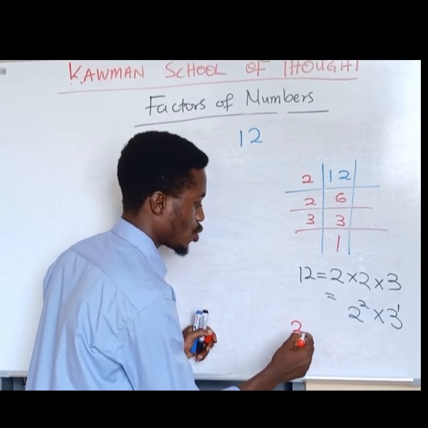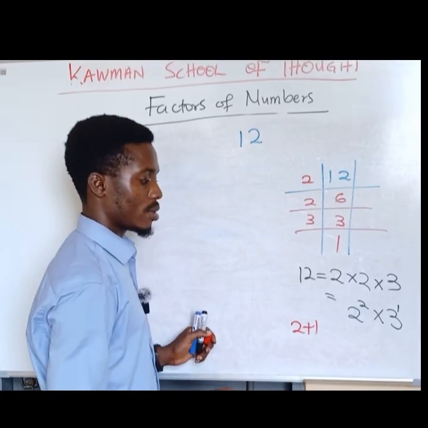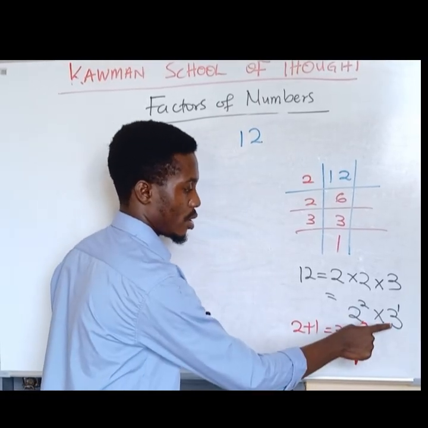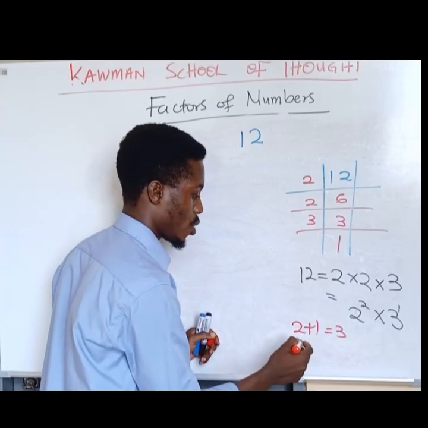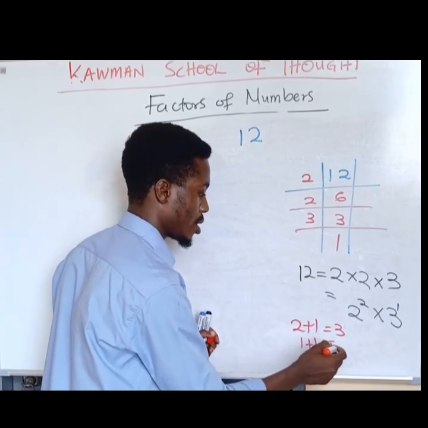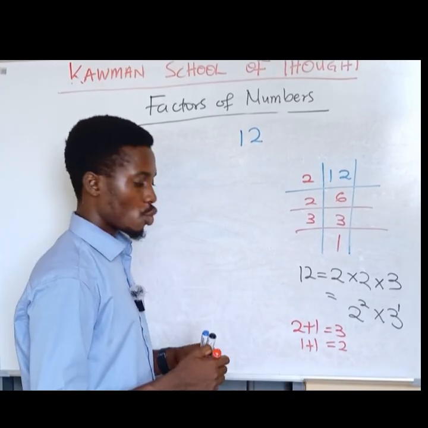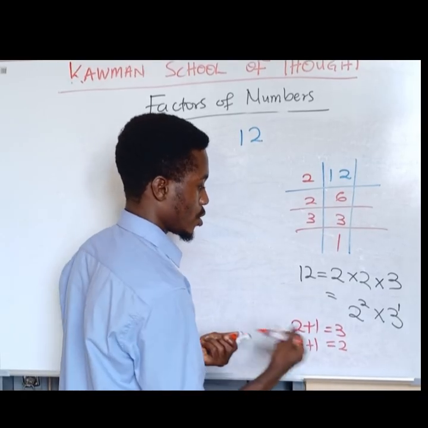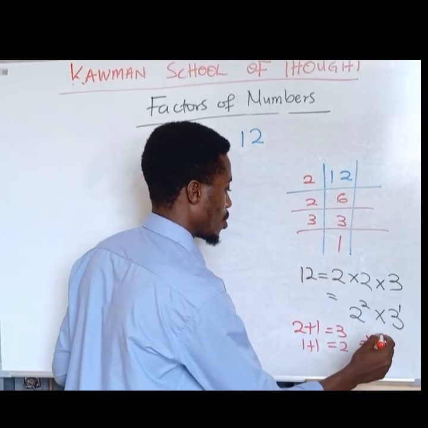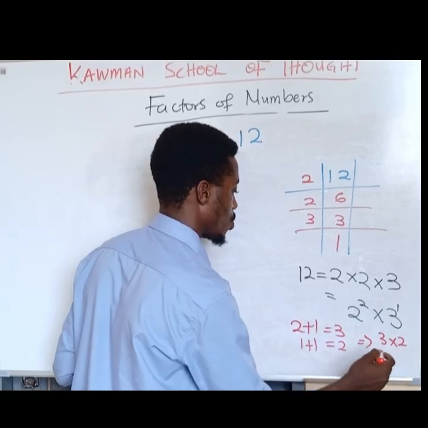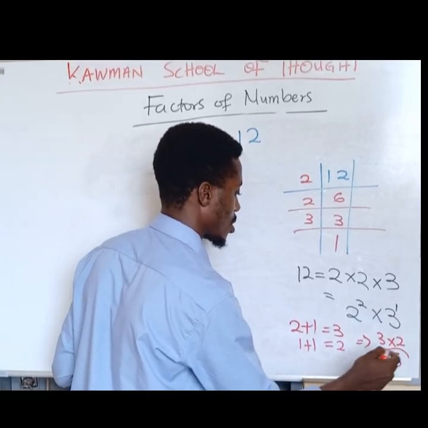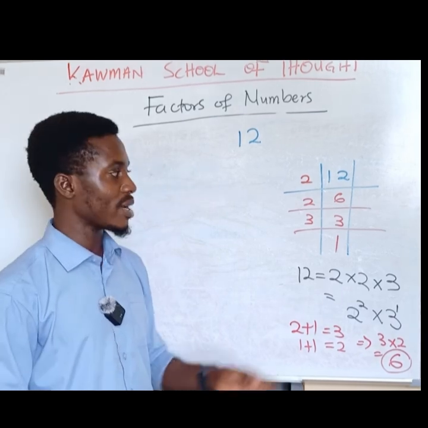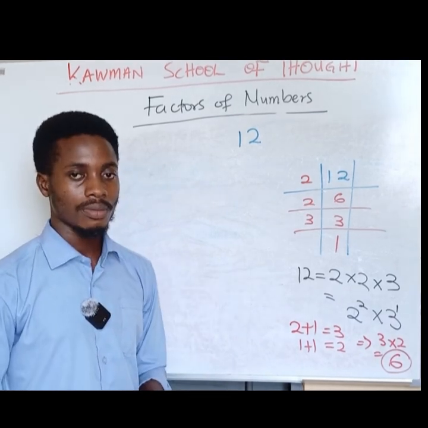So 2 plus 1 gives you 3. This 3 here, what power does it have? 1. So 1 plus 1 equals 2. When you finish, just multiply your answers. So 3 times 2 is equal to 6. Therefore, you should expect 6 factors from 12 alone.